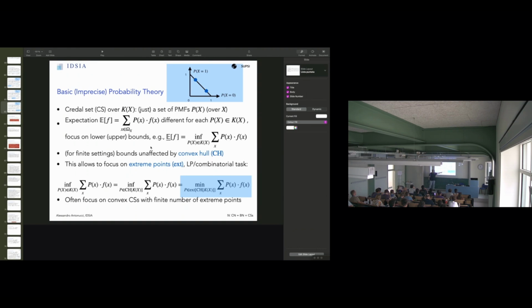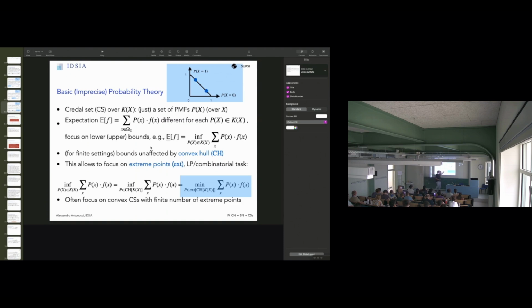When we do convexification, we increase the credal set. So for sure, this includes this. But if you take the lower expectation of your function, the value is the same. You see? So the credal set is larger, but the solution is the same.